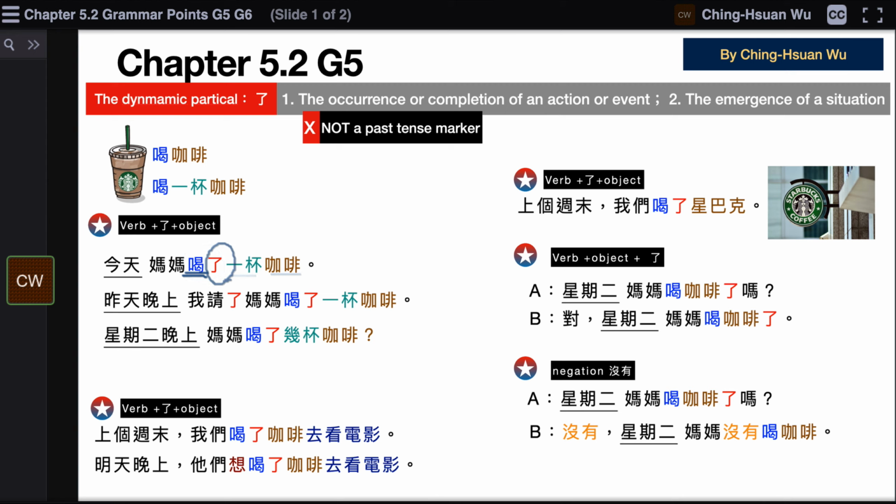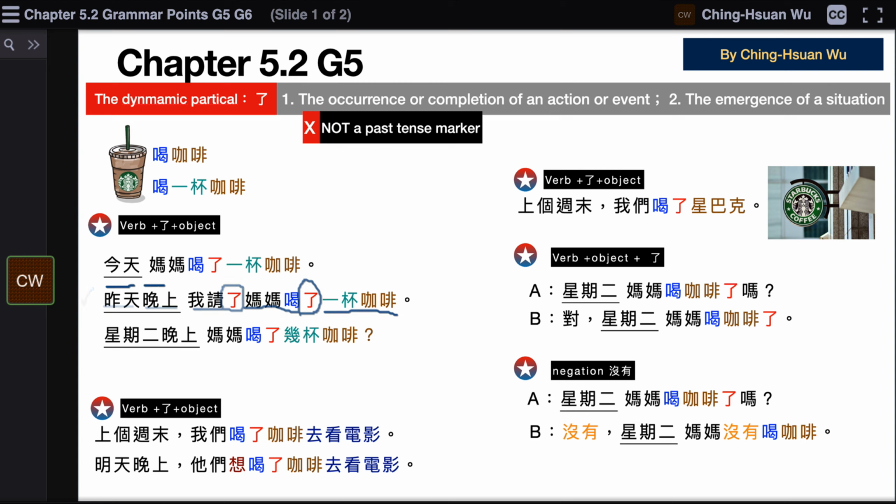And please also pay attention here that a sentence that has le usually includes a time adverbial phrase. In this case, it would be 今天. Second, 昨天晚上我请了妈妈喝了一杯咖啡.